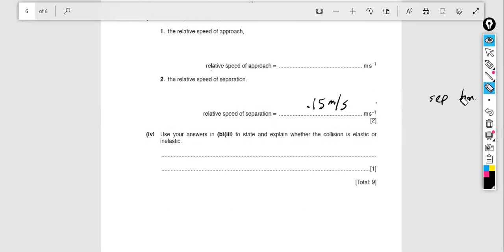And all that's redundant. It already says it right there. Relative speed of approach, 0.65 meters per second. Relative speed of separation, 0.15 meters per second.